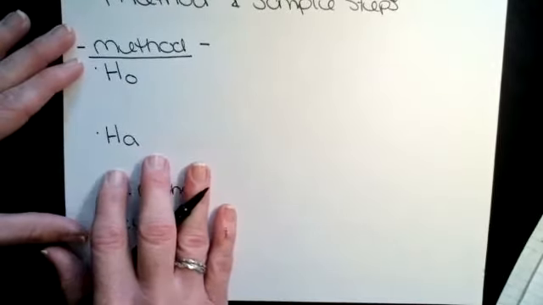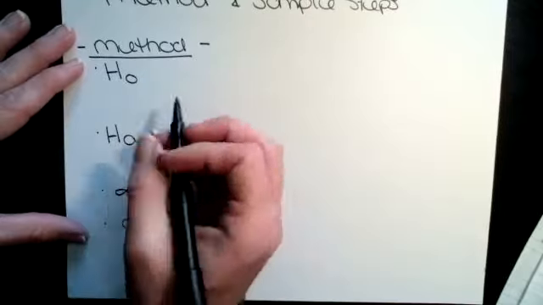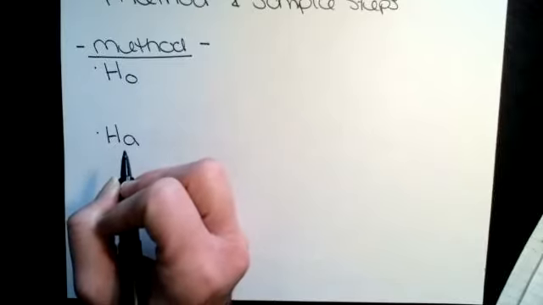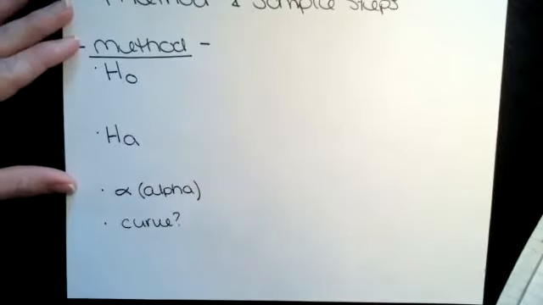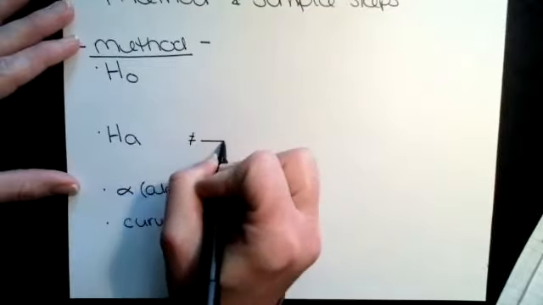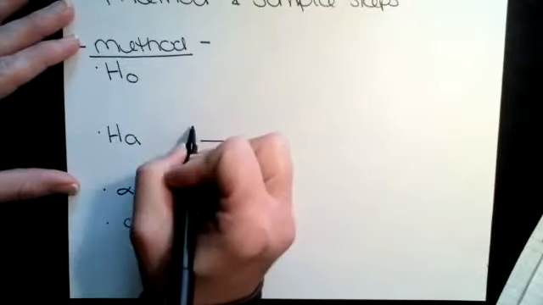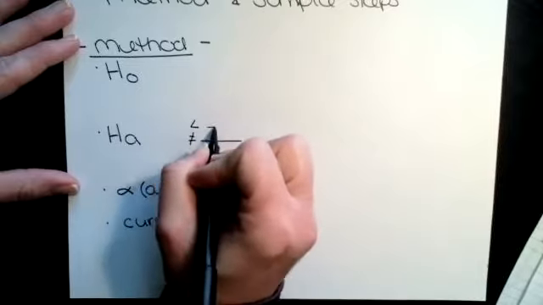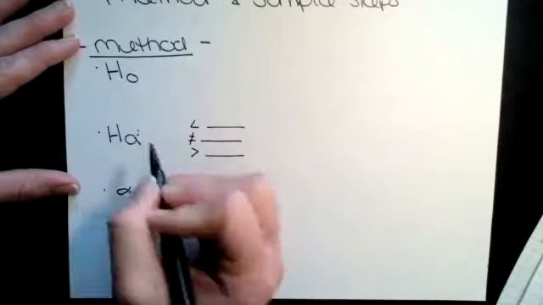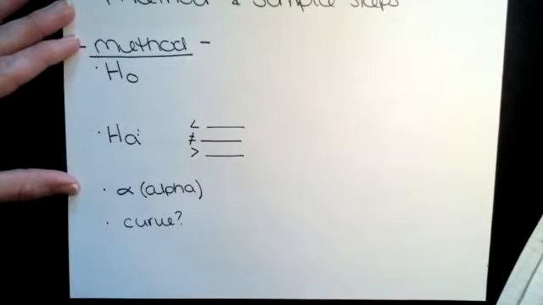It depends if we're looking at categorical or numerical, if it's P or mu, but that it's a not equal to some value, or it could be less than some value or greater than some value. That could be my HA.